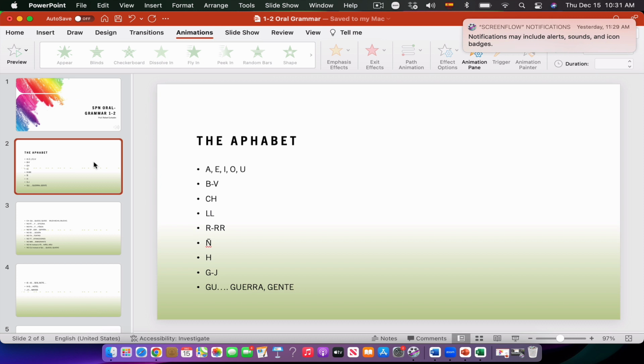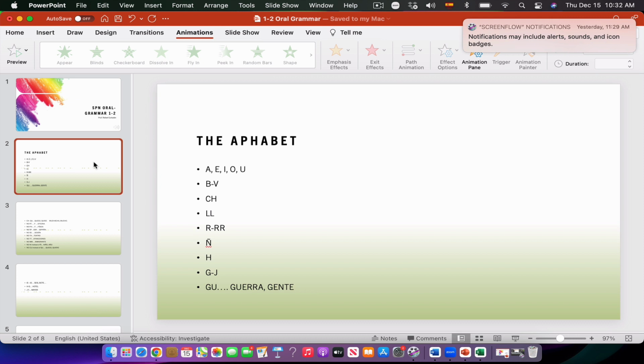So in Spanish they are A, E, I, O, and U. Remember, it's not the English sound of each letter, but the Spanish one.